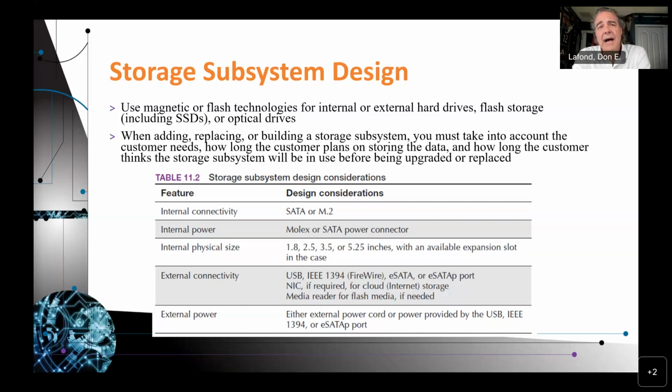Again, how long will the computer last? If you're replacing a hard drive in an older computer, you may not be able to put today's newest technology. For example, there may not be an M2 slot in a computer that's 5 years old. Matter of fact, there probably isn't. So you might have to go with the SATA hard drive.